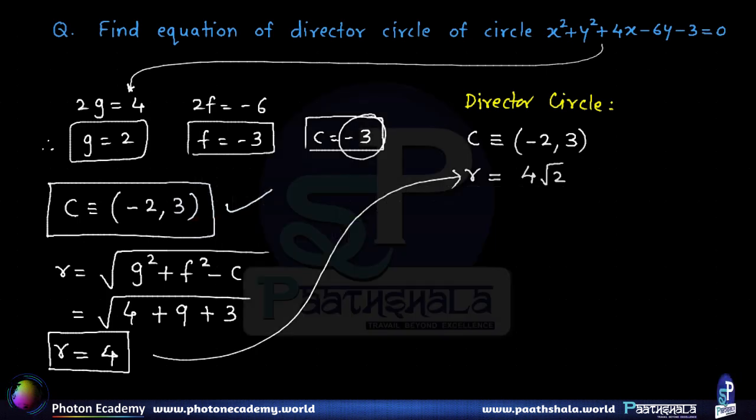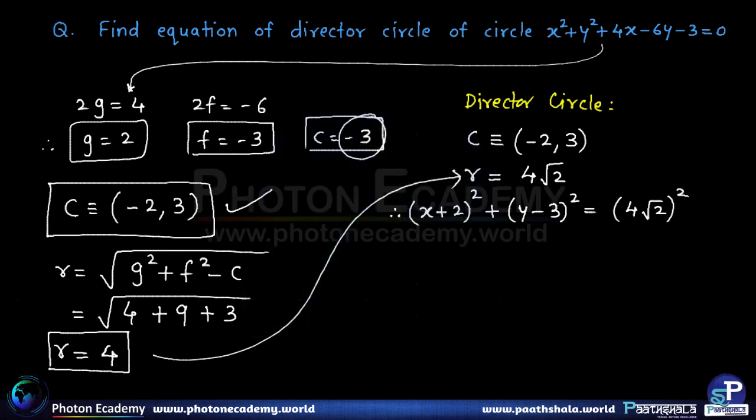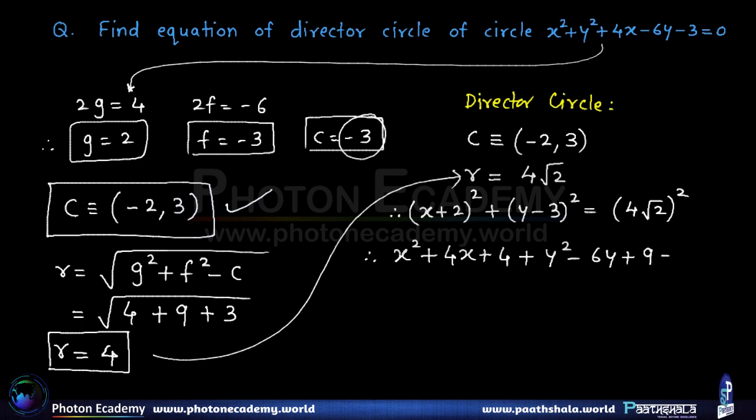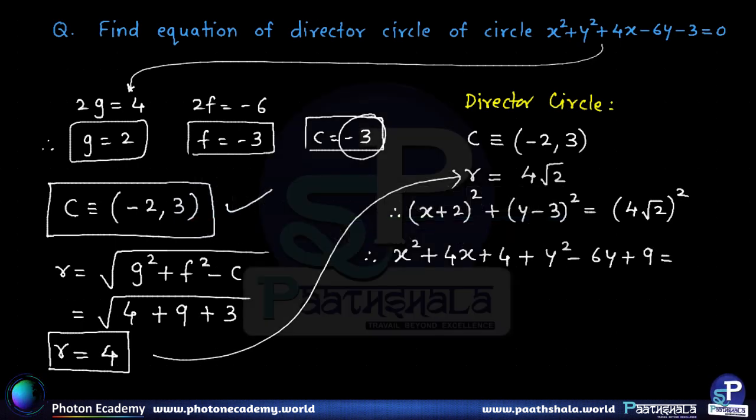So we write the equation of the circle as x minus of minus 2, that is x plus 2 the whole square, plus y minus 3 the whole square is equal to 4 root 2 the whole square. Here we have used the center-radius form. So x square plus 4x plus 4 plus y square minus 6y plus 9 is equal to 4 root 2 the whole square, which is 32.